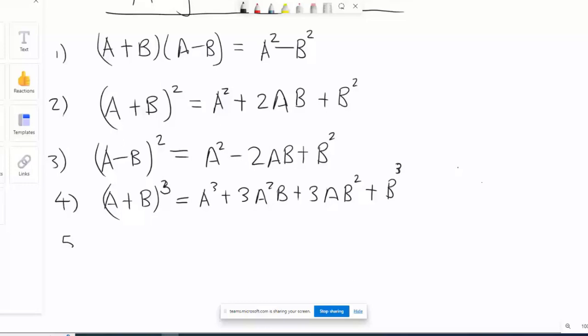Okay, great. So there's another fifth result, and there are some more results, but I'm just sticking to the core results that you have to know in your heads, okay? It's a cubed minus 3a squared b plus 3ab squared minus b cubed.